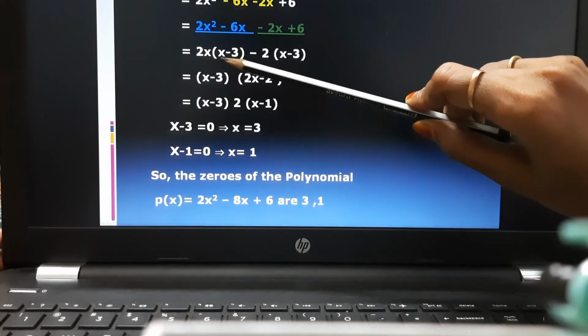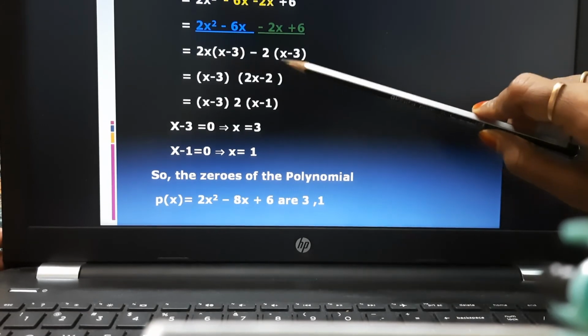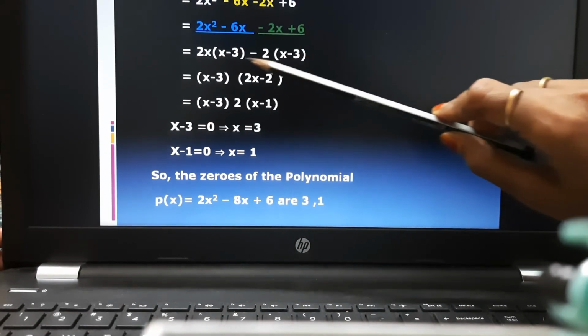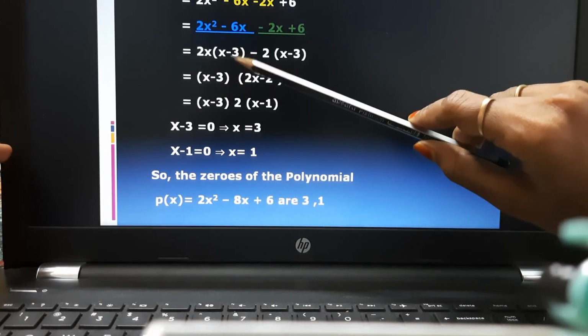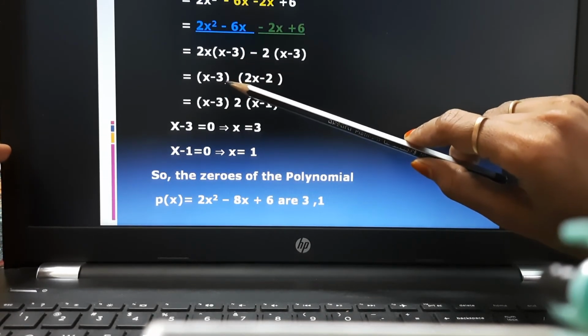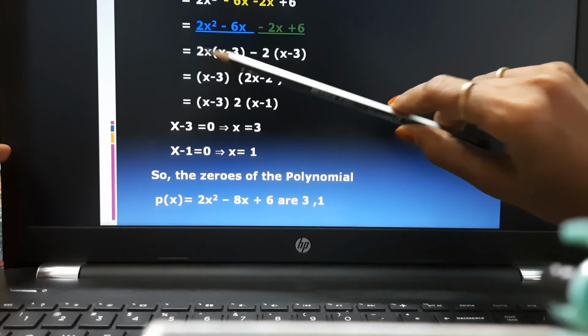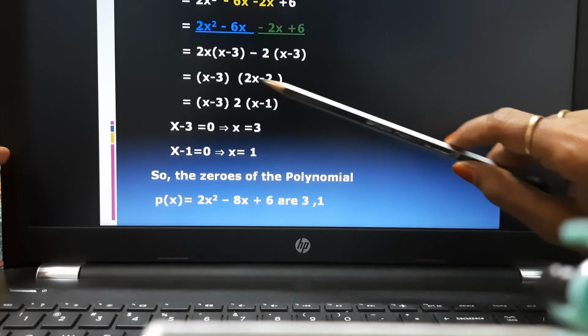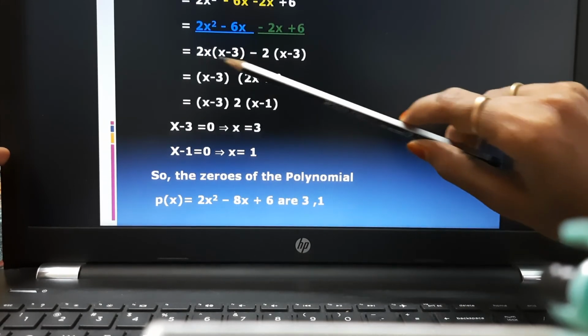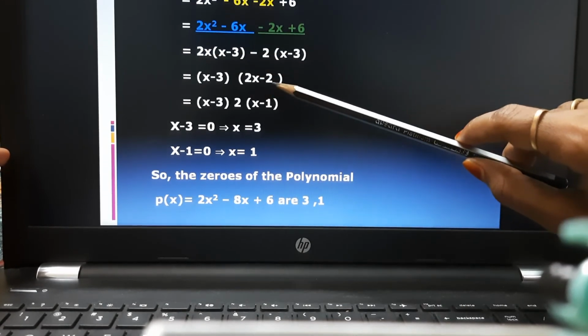Okay, see here, x minus 3. Here also x minus 3. So I am taking x minus 3 common. If I take x minus 3 common, what remains? 2x minus 2. So x minus 3, 2x minus 2.